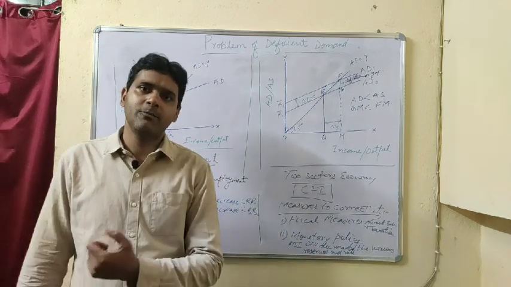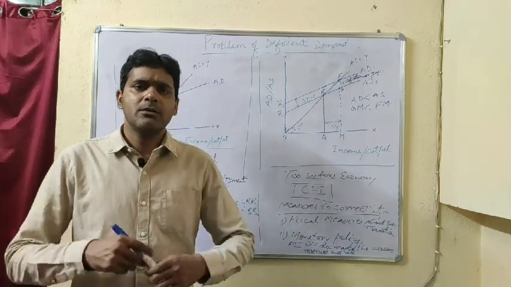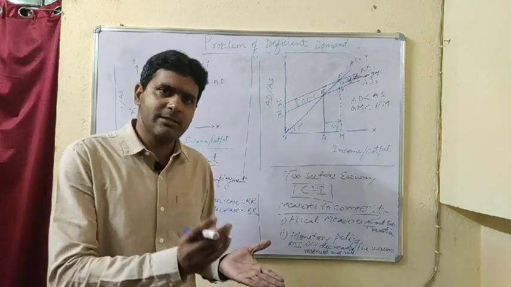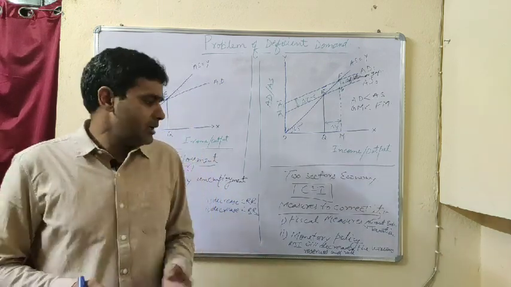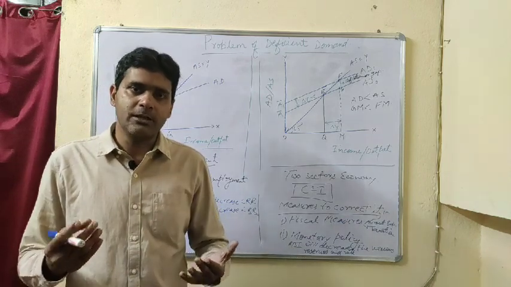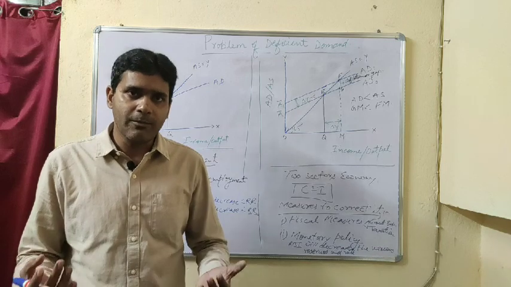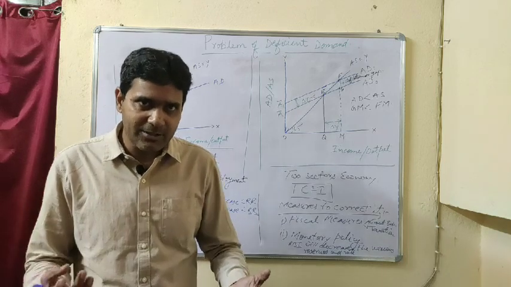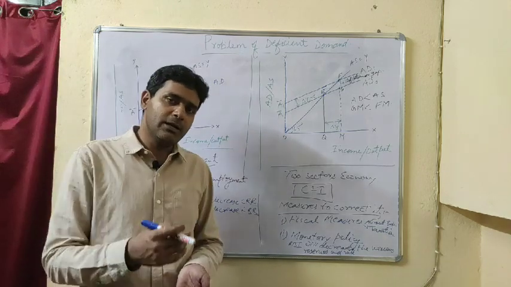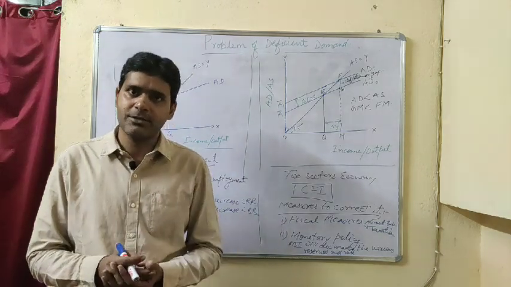And as far as the monetary policy is concerned, the RBI will decrease the various reserve ratios like CRR, SLR, and it will also decrease the reverse repo rate, the bank rate, and the margin requirements which were required earlier for giving credit.